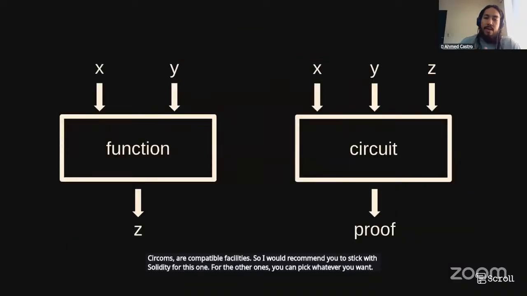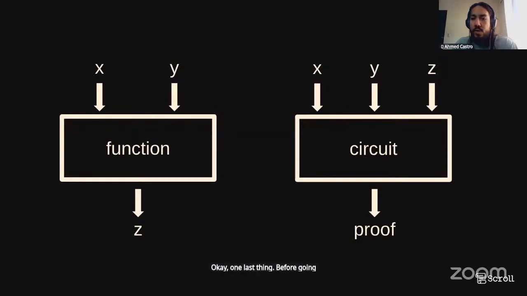Okay, one last thing before going into the hands-on tutorial. When you are writing a circuit, and we're going to see a circuit in a moment, you will have to think a little bit differently about what you are trying to do.